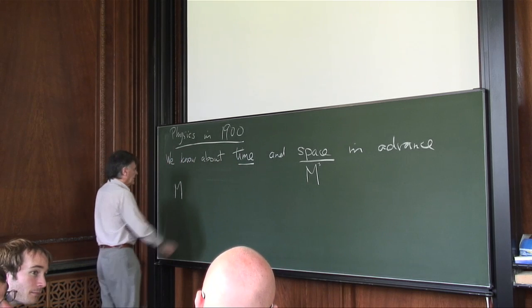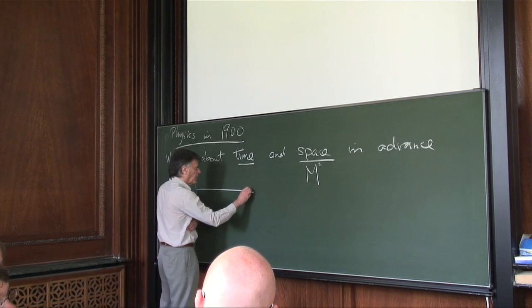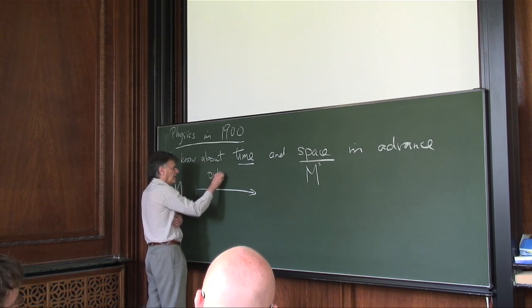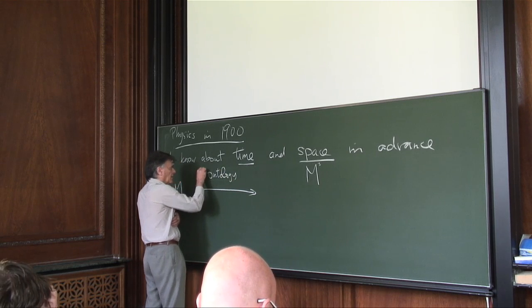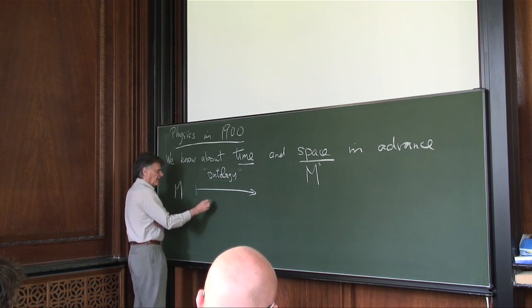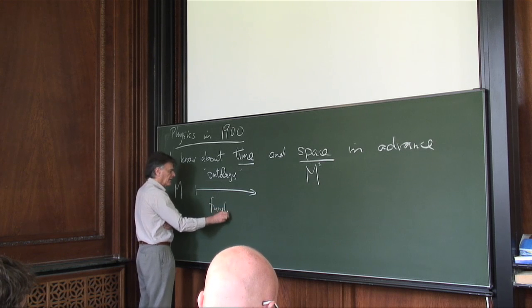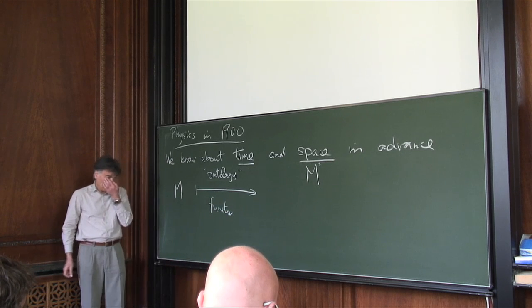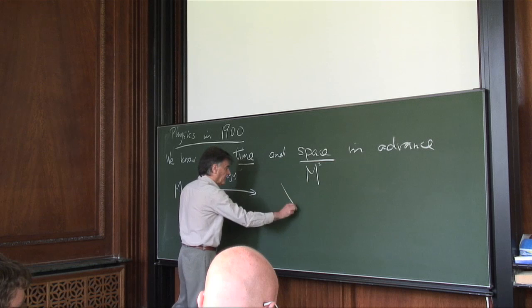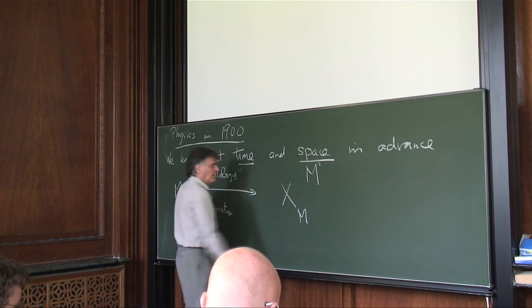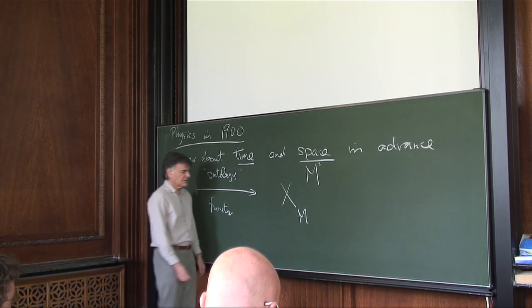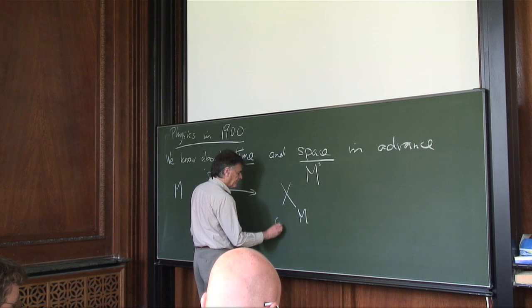So the first thing it did was give us some ontology, you might say, which is really, if you like, a functor, which gives us some new manifold X_M, which is the configurations of the world at a given time.